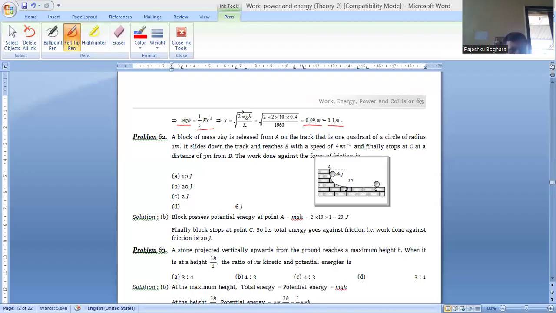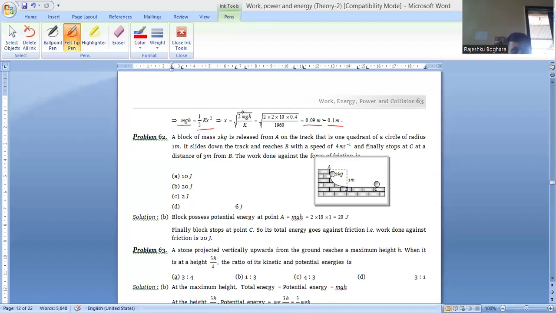Next, a stone is projected vertically upwards from the ground and reaches a maximum height h. When it is at height 3h/4, what is the ratio of its kinetic energy and potential energy? At maximum height the total energy is equal to potential energy, which is mgh.